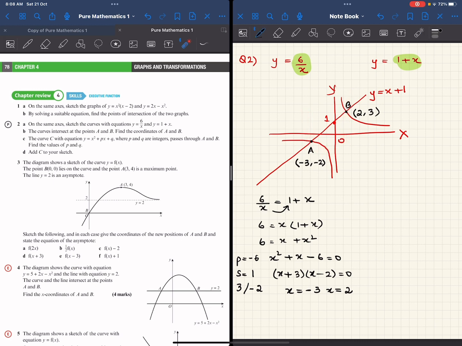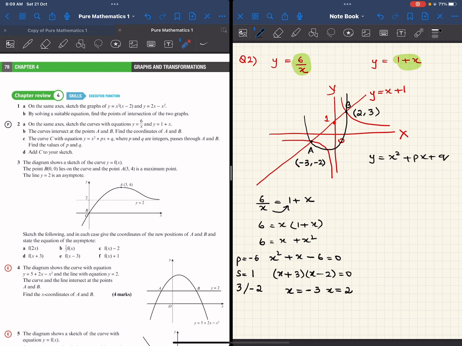So let's sketch the curve. The curve is passing through the points A and B, and the general formula for the curve is y is equal to x squared plus bx plus q.